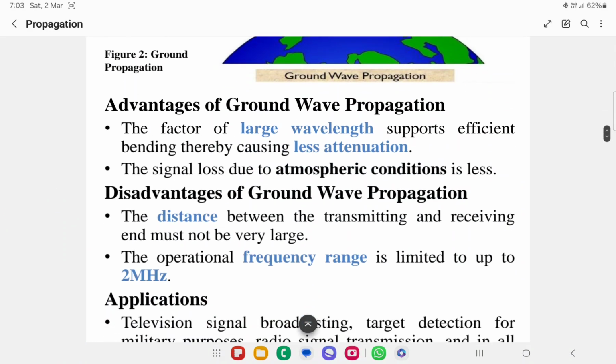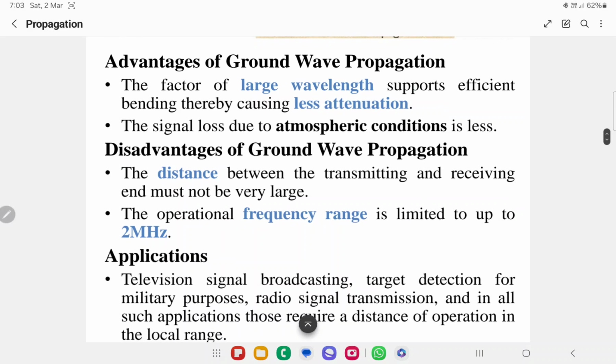Now some advantages we can see here. In the advantages we have the factor of large bandwidth. Obviously, if there is less frequency, the wavelength will be large, and if you have large bandwidth, then the attenuation will be very less. Now what is attenuation? Attenuation is any kind of loss of energy of the signal.